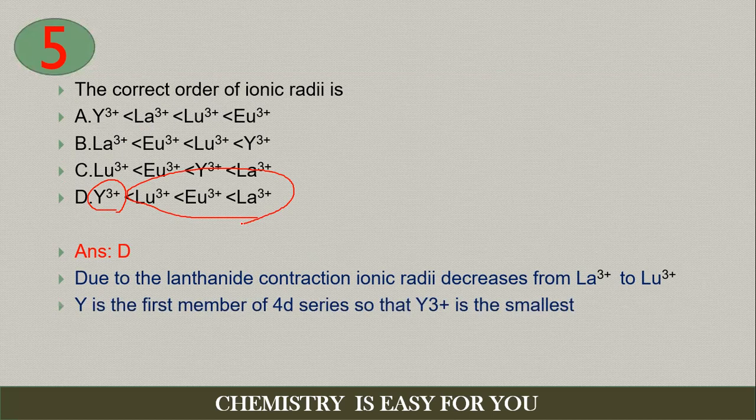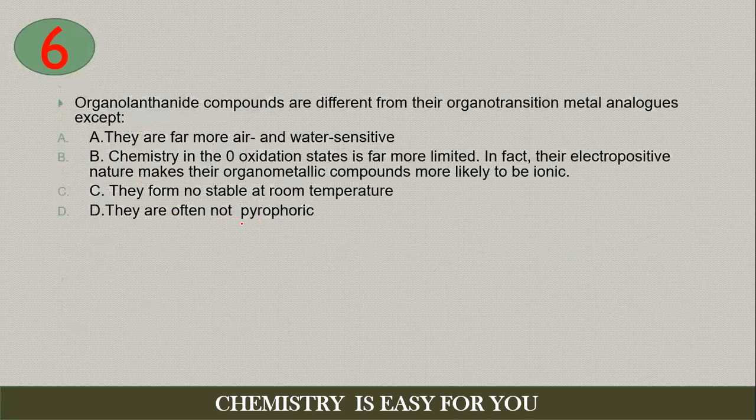La3+ is the largest because as we move from left to right, there is something called the lanthanide contraction. If you need a conceptual video about lanthanide contraction, I can make one soon. But right now, just remember that it is due to lanthanide contraction. So the ionic radii decrease from La3+ to Lu3+, and Y is the first member of the 4d series, so this is the smallest.